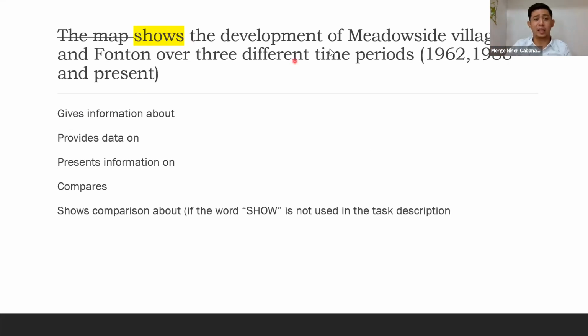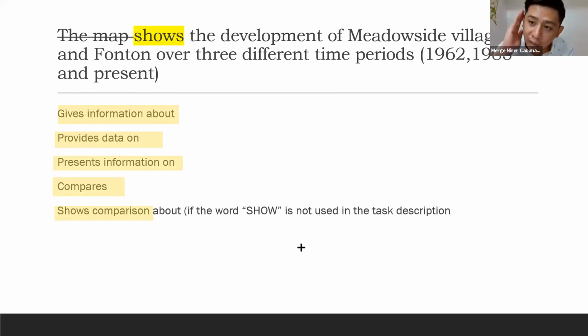Well, it's easy. You can select gives information about. You can select provides data on. You can use presents information on. You can use compares. You can use shows comparison about. If I use the presentation, then I will use illustrates.